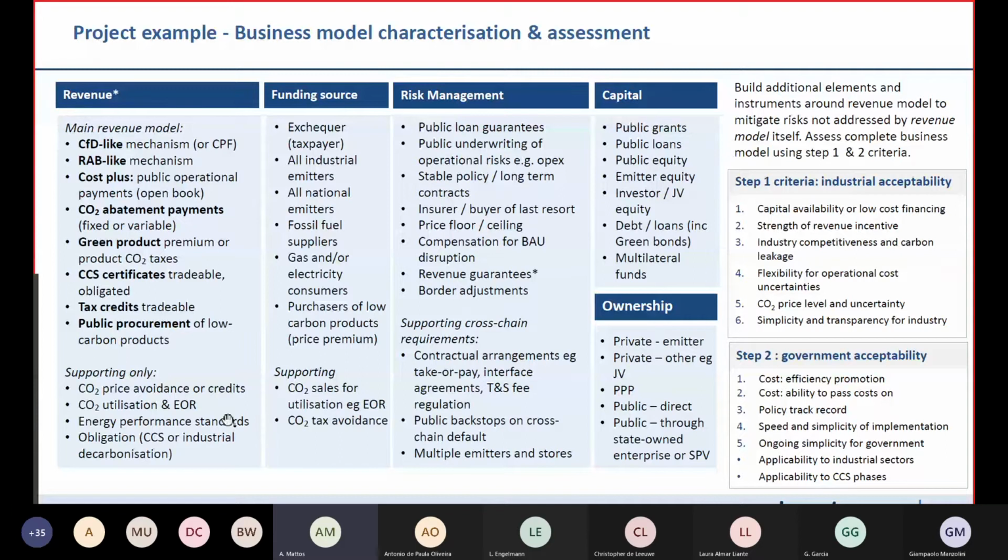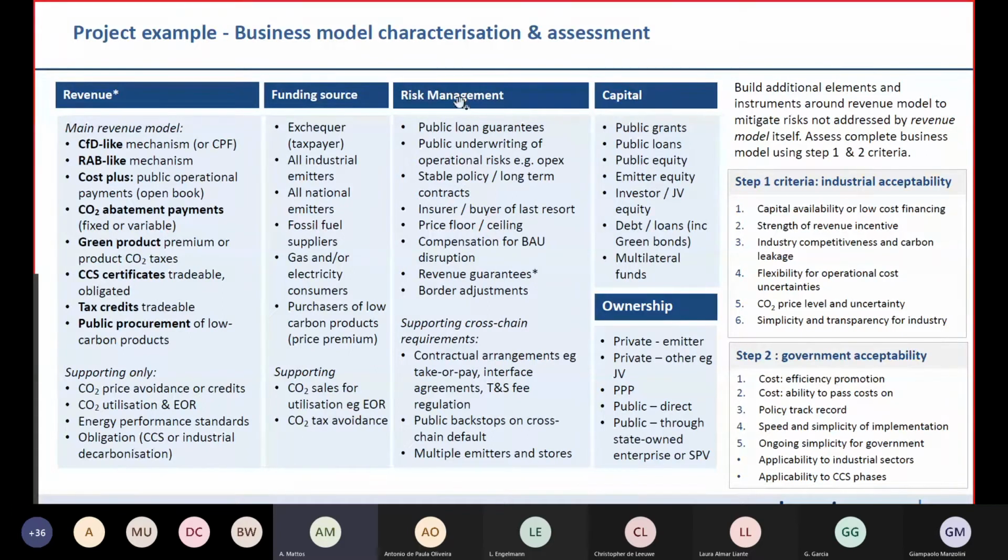Are you getting it from the taxpayers or the consumers of the product that you're making, or some tax or obligation on other emitters? And finally, risk management is actually one of the most important aspects here for CCUS at this stage of CCUS development. The mitigation options and risk allocation will largely depend on the revenue model and the capital funding model that you choose.